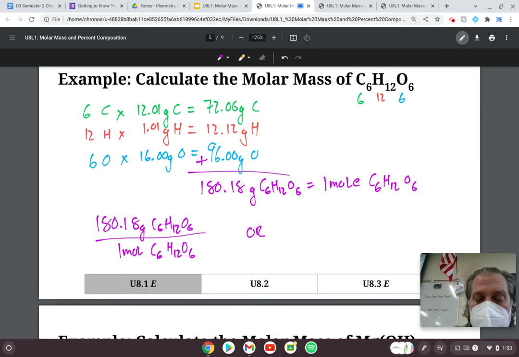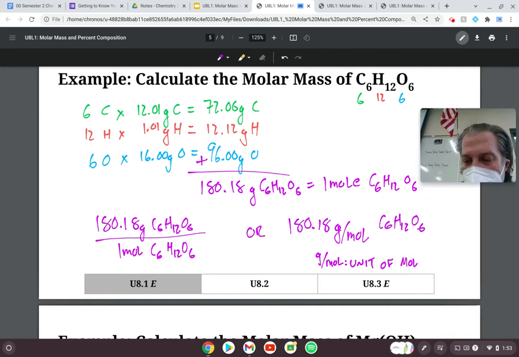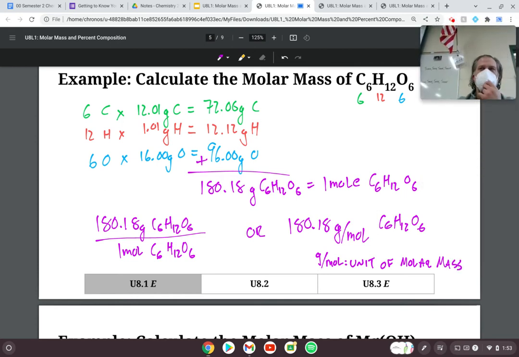Or you could write it as 180.18 grams per mole of C6H12O6. G/mol is the unit of molar mass. Okay, so that's the unit of molar mass.